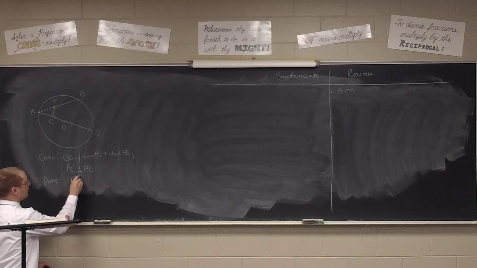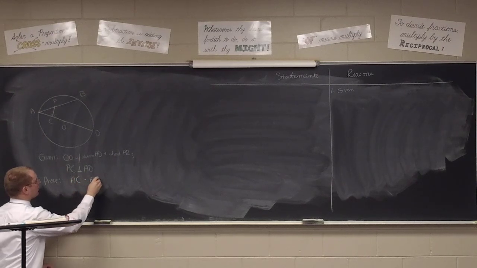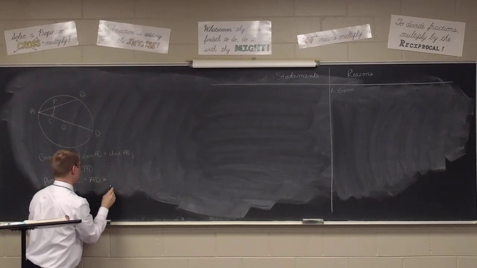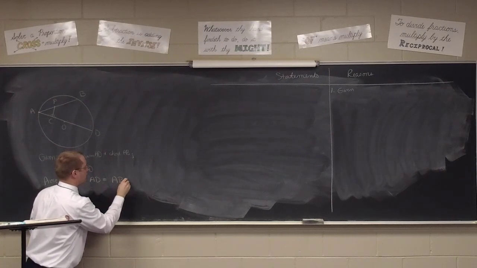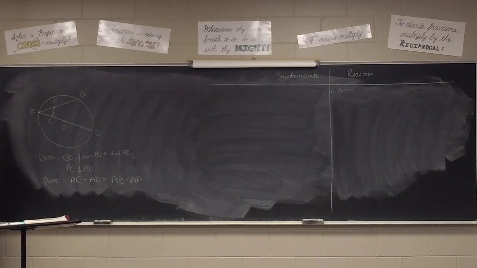AC times AD equals who? AB times AP. Did I write this correctly, Kendall? Okay, just making sure I was hearing you correctly. All right, now wait a second. That's not a, well, careful. A isn't a value unto itself, it represents an endpoint. That's not a proportion.